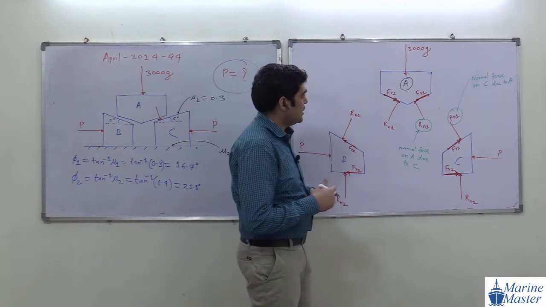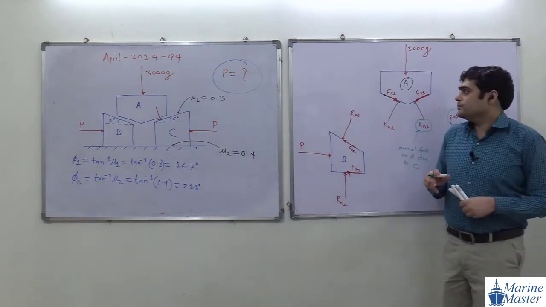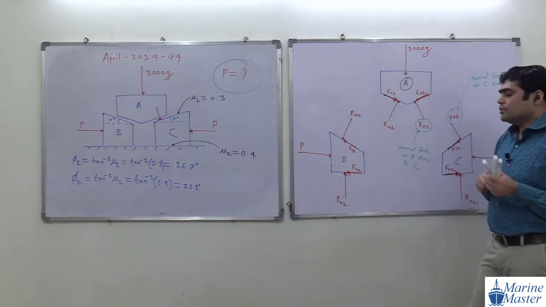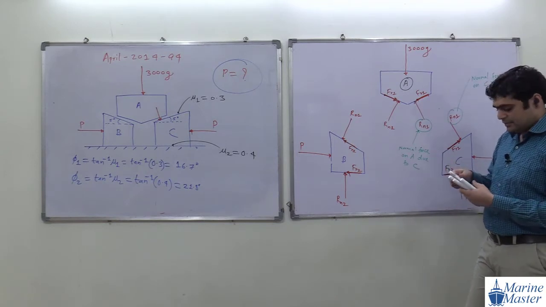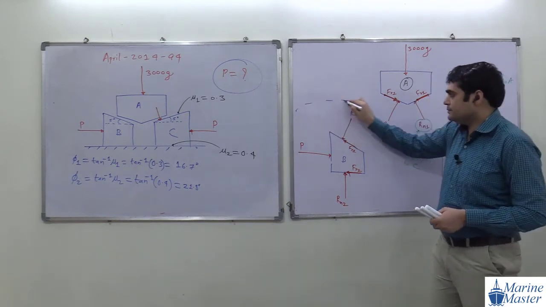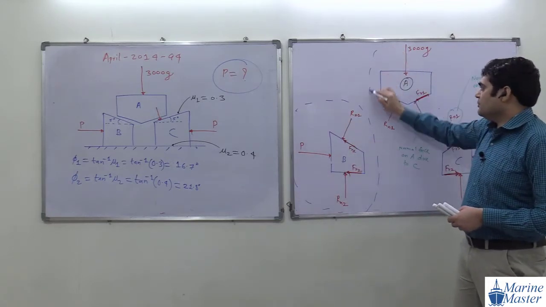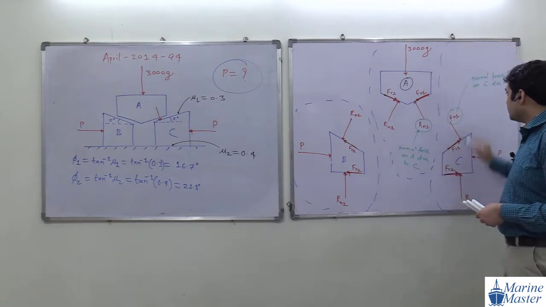Okay, try to see the scenario here. Now, what are we going to do? Initially, how many systems do we have here? This is one force system, and this will be our third force system.